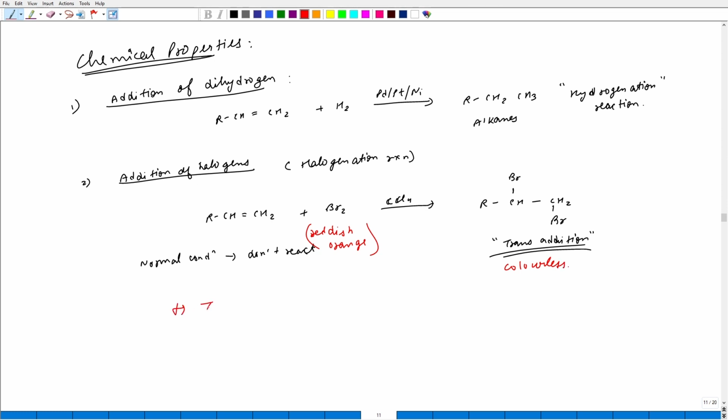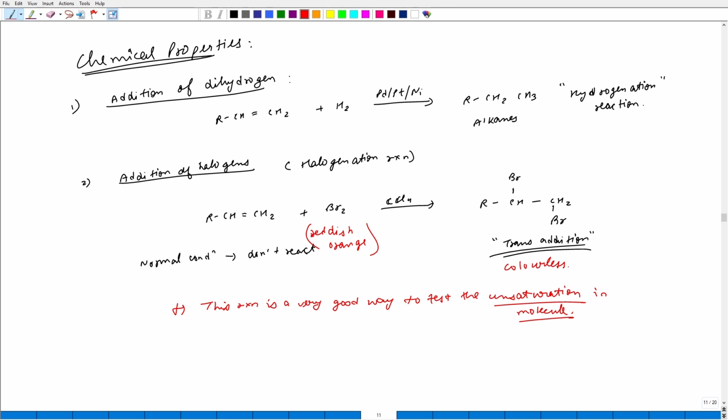So, this reaction is a very good way to test for unsaturation in a molecule. It is one of the tests often performed in laboratories, to check whether there is unsaturation present in the molecule or not.